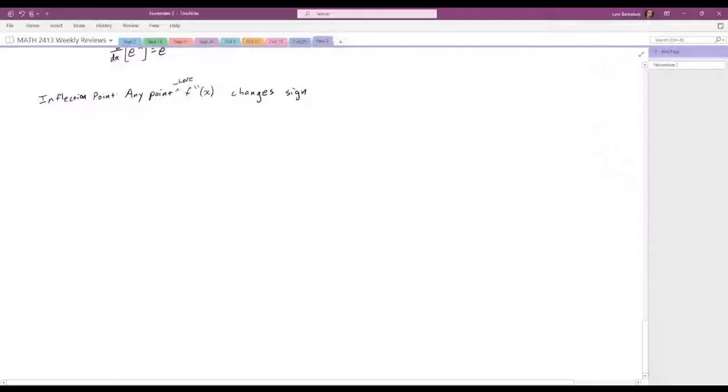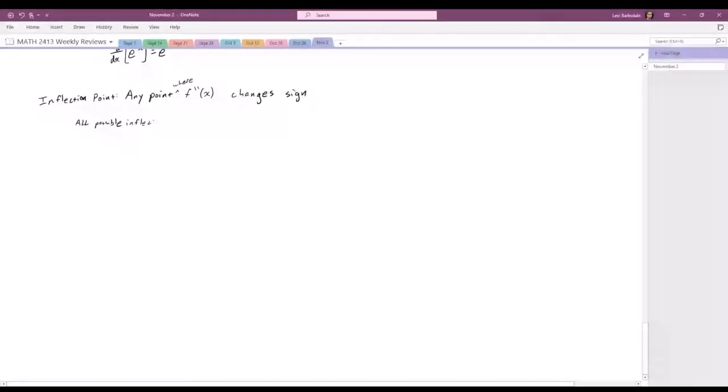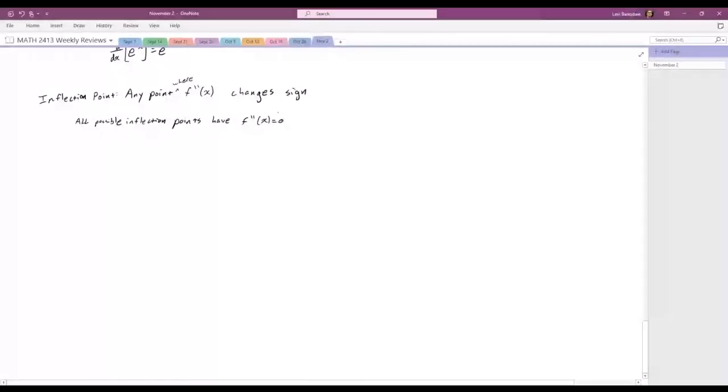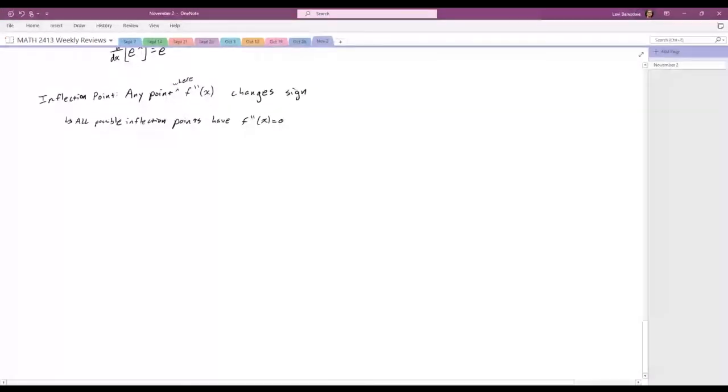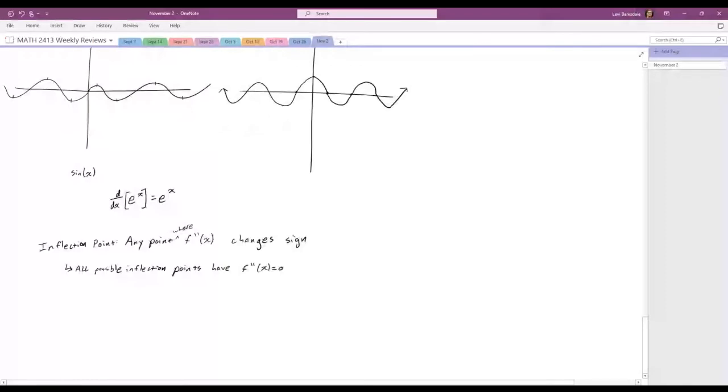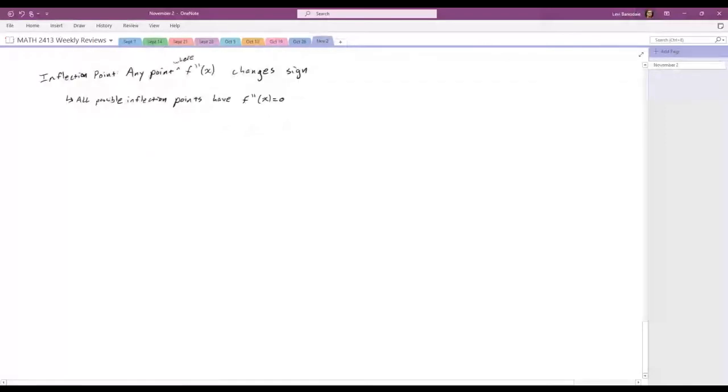All right, so one thing to note is that all possible inflection points have the property that the second derivative is equal to 0 at that point. And we'll do a brief example of the inflection points in a bit.